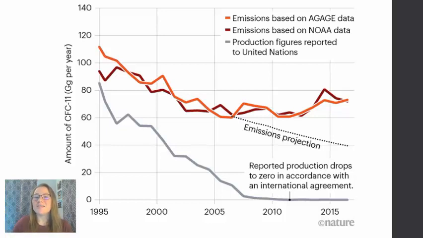And that's because even though countries were reporting that they were not actually producing anything anymore, there were global air monitoring stations that were able to actually pinpoint to a factory, and I believe it was in northern China, that was still emitting these chlorofluorocarbons, even though it was part of the international agreement to no longer do so. So they were very quickly identified and shut down, and we are now back on track-ish to meet that goal by 2050.